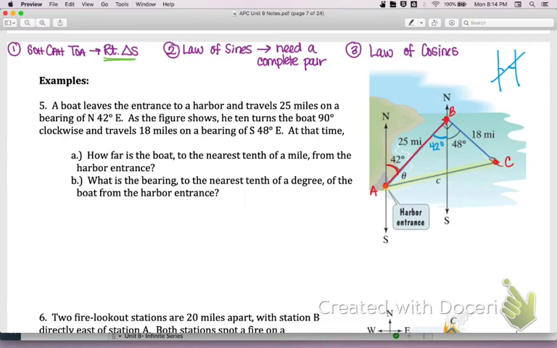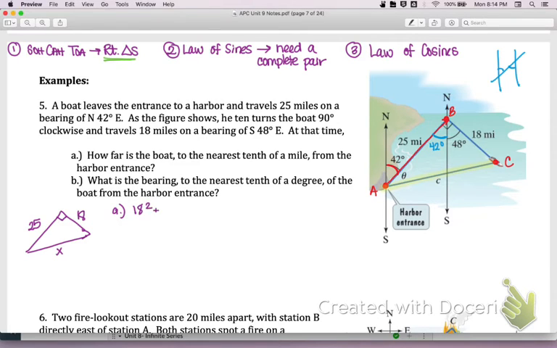So that's kind of all the information we know in terms of angles. But if we take away some of the noise here and look just at what we're looking at, we have a right triangle like this. We know that this is 25 and this is 18. If I want to know this distance, that's just the Pythagorean theorem. So these are the two legs, x is the hypotenuse.